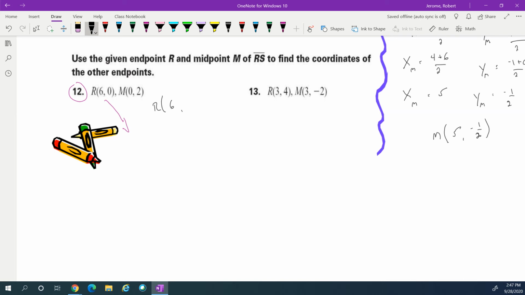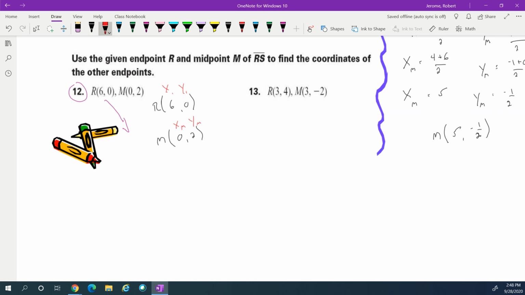R, which is 6, 0, that's one end. So I'm going to call that x1 and y1. M, which is at 2, 0, that's the middle. So that's x middle, y middle.